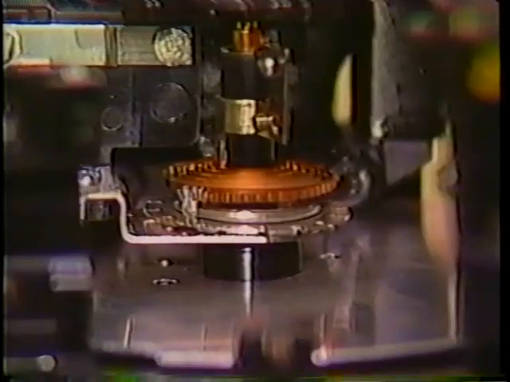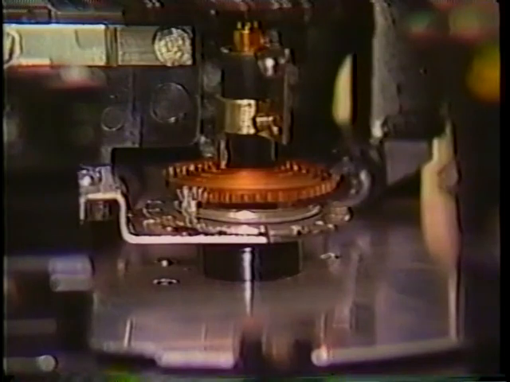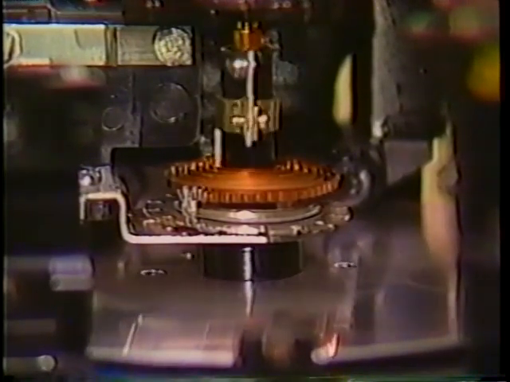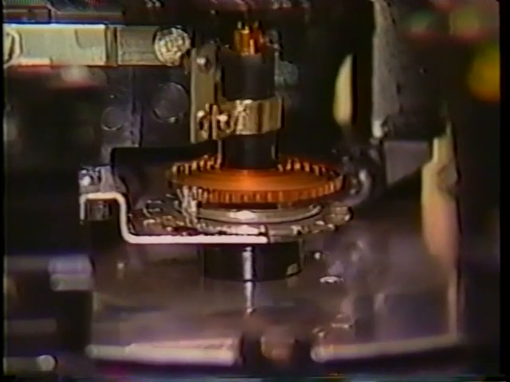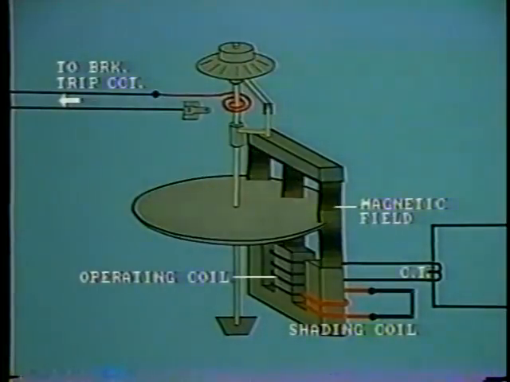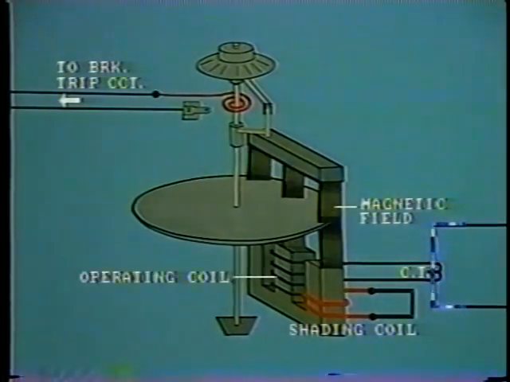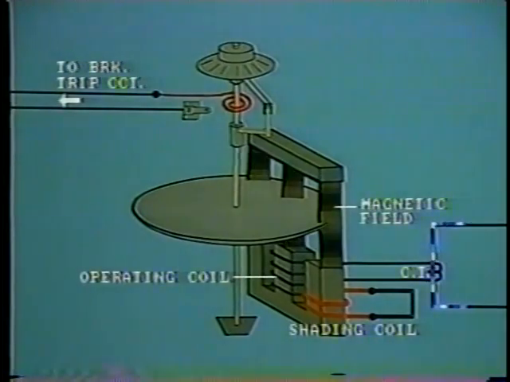The disc is normally held stationary by a retaining spring. Only when there is sufficient current passing through the operating coil will the disc start to move. That is the pickup level. Remember, the magnitude of current in the operating coil is proportional to the primary current along the feeder, which we are protecting.